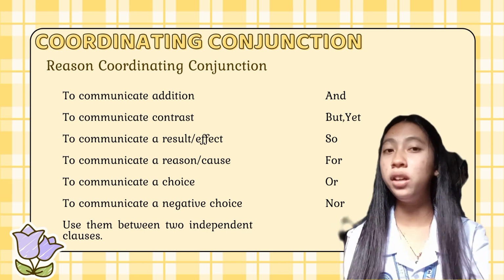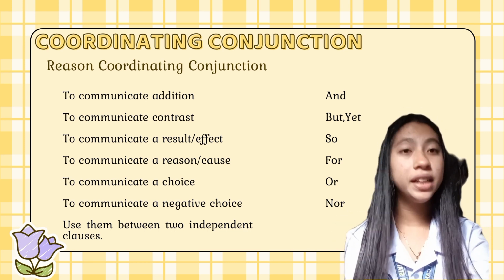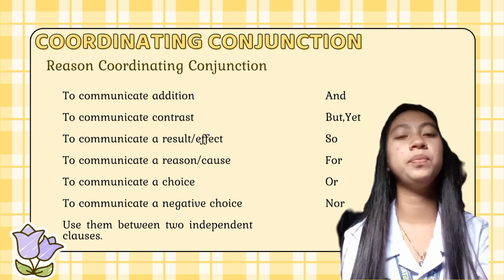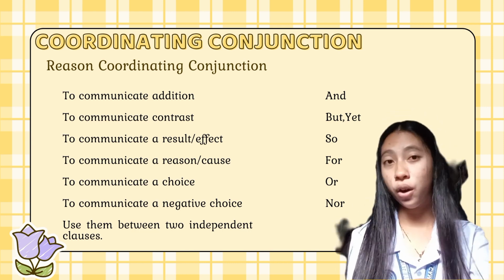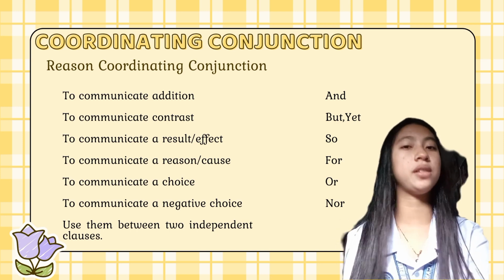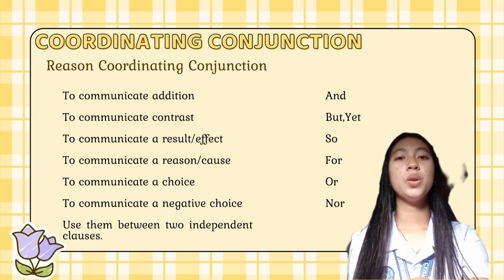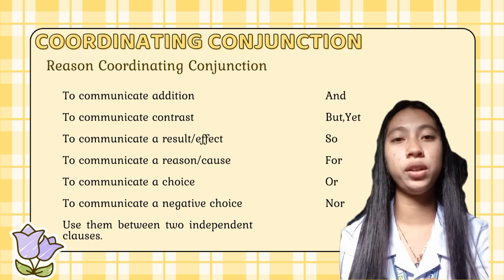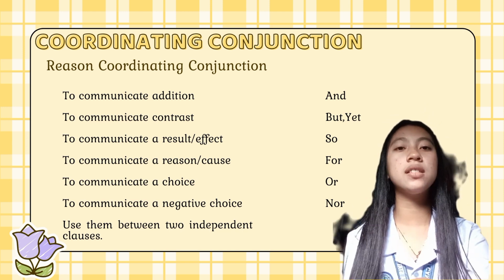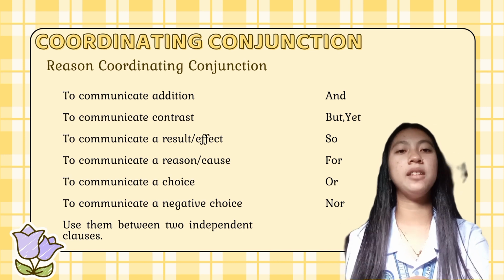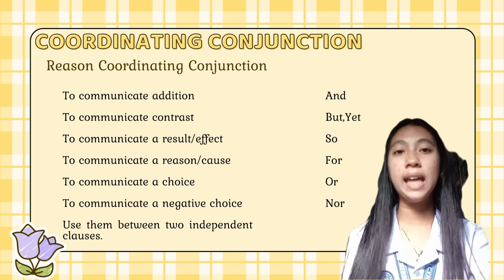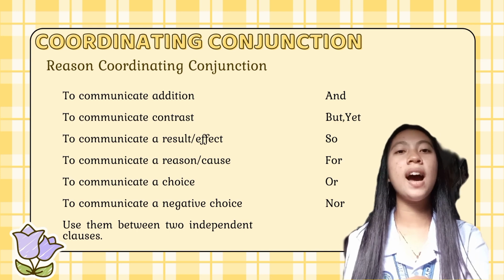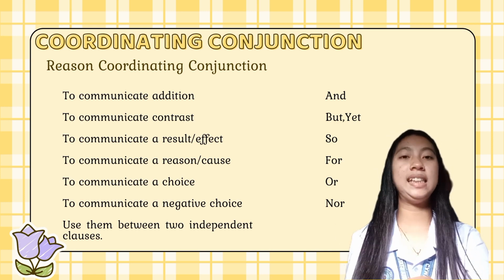We use for to communicate a reason or cause providing an explanation. We use or to communicate a choice between alternatives. We use nor to communicate a negative choice or to indicate that something is not happening. We use yet to communicate contrast or to introduce a contrasting idea.